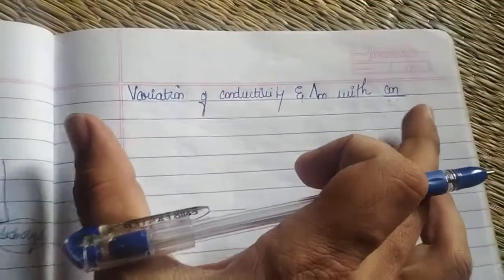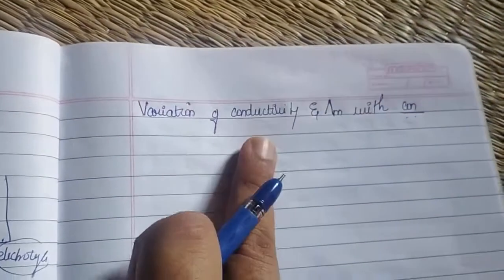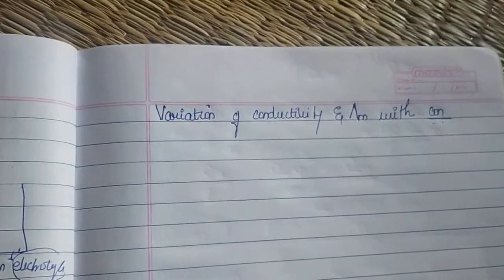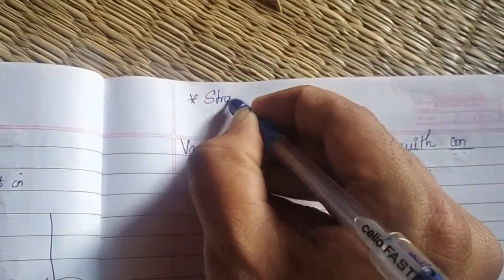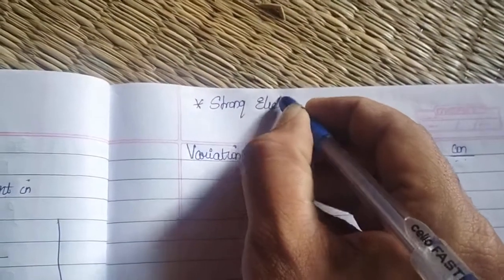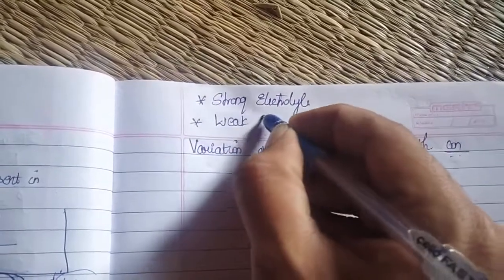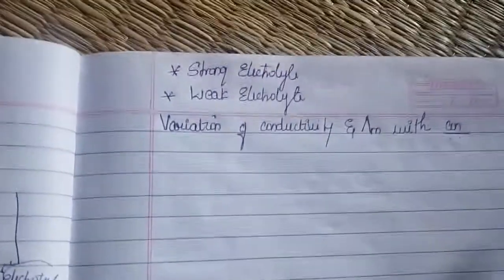So guys, in this concept we are going to see how your conductivity and molar conductivity change with respect to concentration for a strong electrolyte and a weak electrolyte. Why have we considered this?